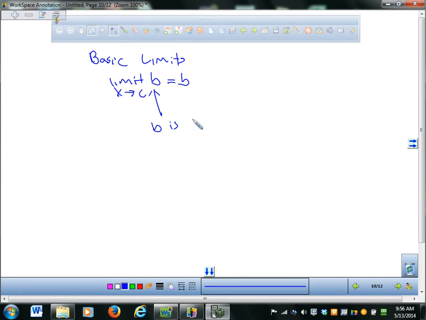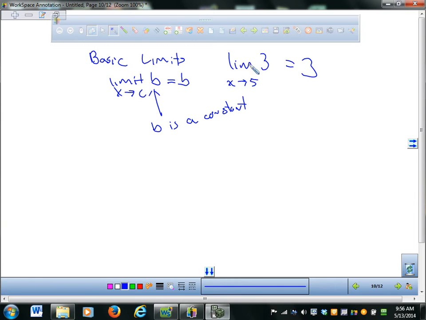So if you have the limit as x goes to 5 of 3, that's just going to be 3.